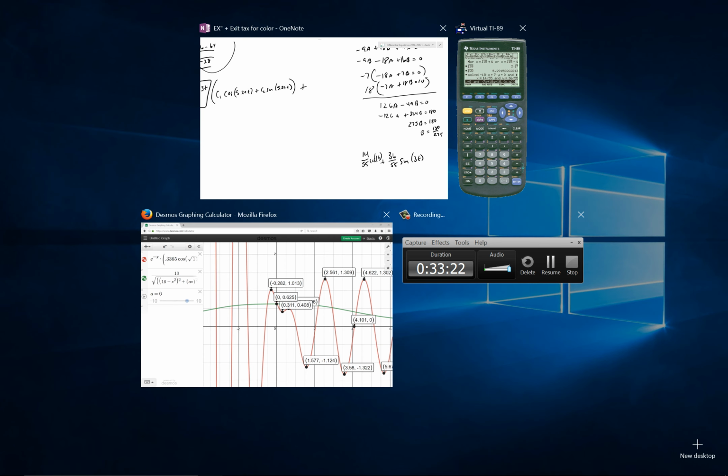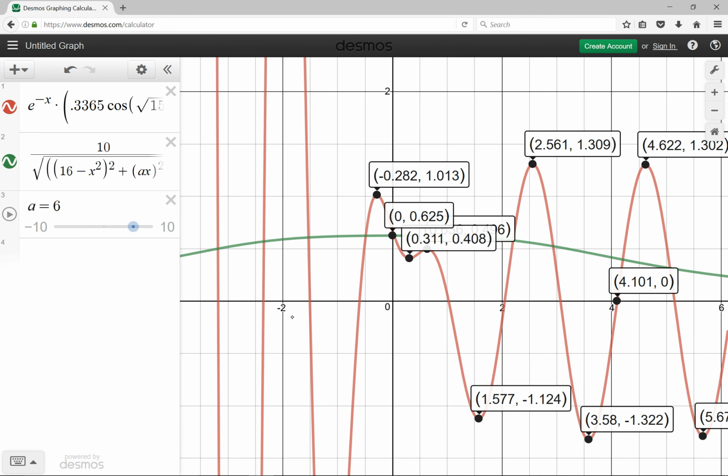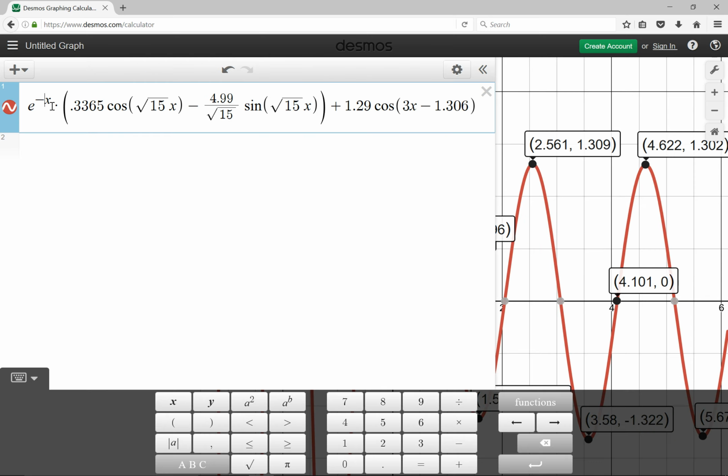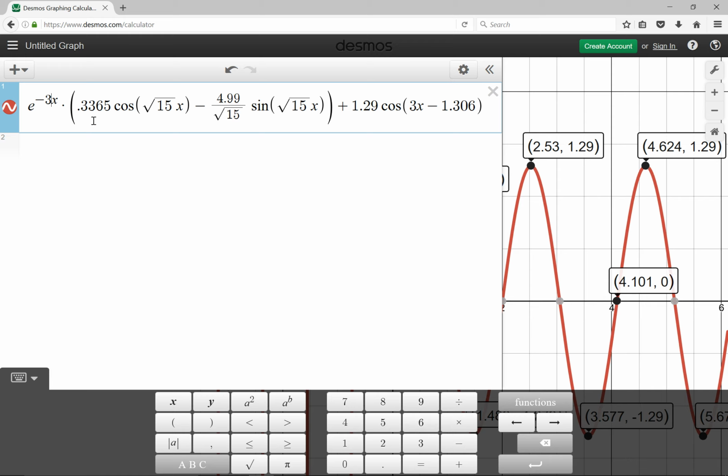What I really want you to see is it doesn't make a whale of a difference. Because look what happens. If I make this e to the negative 3x right there, I don't really care what you put here or here. This thing is dropping to 0 so fast it's going to make your eyes bug out.